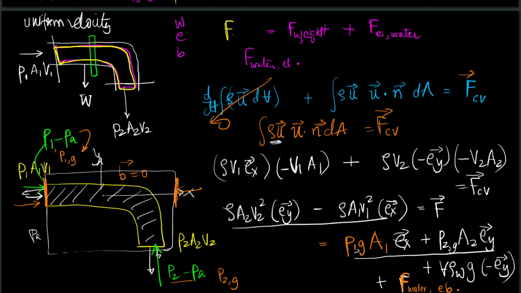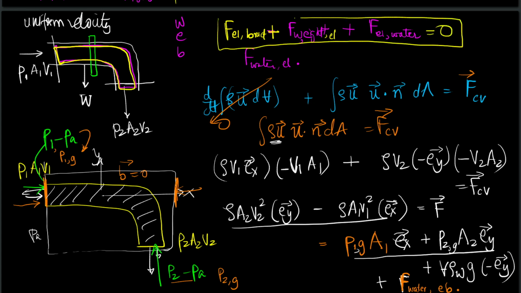The force acting on the elbow because of the bracket plus the weight of the elbow plus the force on the elbow because of the water, this whole thing has to be 0, because the elbow is in static equilibrium. This will give us an expression for the force acting on the elbow because of the bracket, and the minus of that will be the force acting on the bracket. So this is how you can design a bracket.